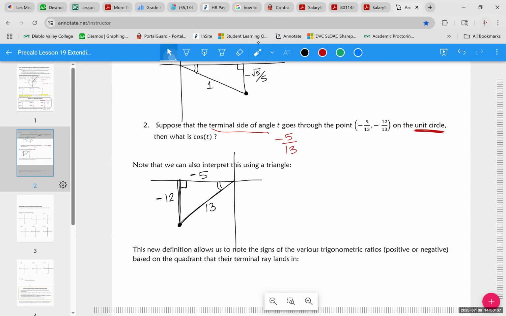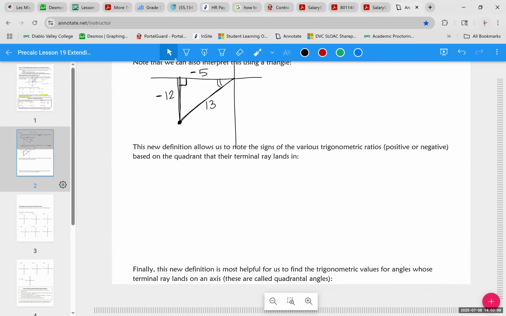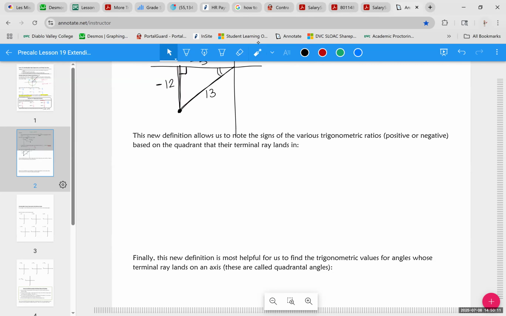Okay. Because of this, as we're extending this new definition, it allows us to note the signs of the various trig ratios. So we're going to make a little quadrant map here. In quadrant 1, my x's are positive and my y's are positive. So that means that my cosine and my sine are both positive.